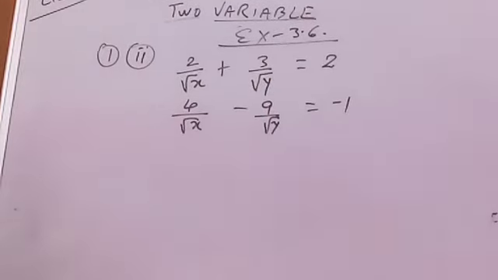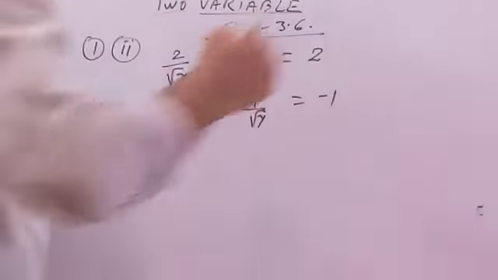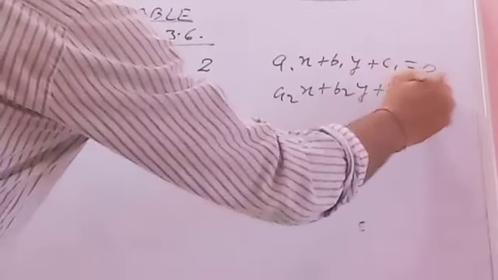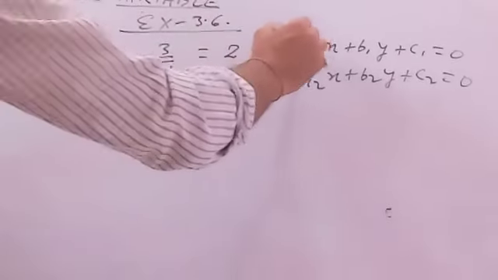Is this in the form of a1x plus b1y plus c1 is equal to 0 and a2x plus b2y plus c2 is equal to 0? Could you see this equation? Does it obey the general form of a pair of linear equations in two variables?